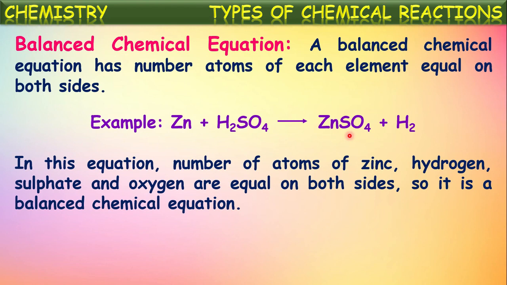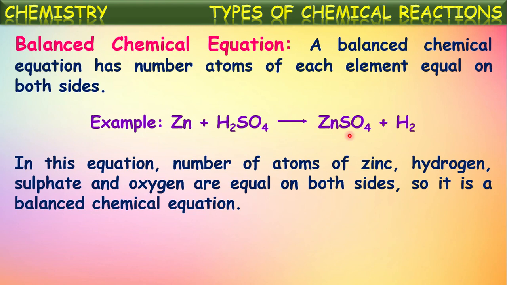Generally, to understand the quantitative relation between the chemicals participating and being formed, you always have to take these balanced chemical equations only. From the balanced chemical equations only we can understand the quantitative relation between the chemical substances participating in that reaction and being formed in that reaction.